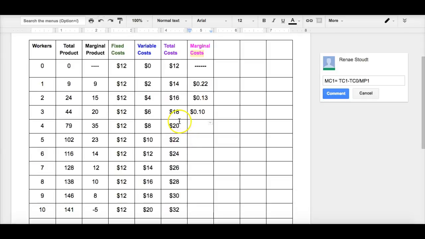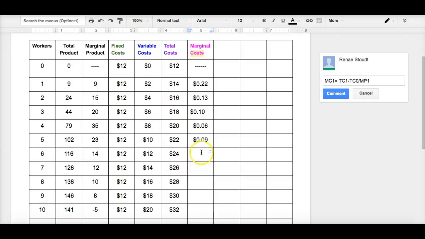At 4 workers, we're subtracting 20 minus 18, which is 2, divided by 35. So 2 divided by 35 is something like 6 cents. At 5 workers, we're subtracting 22 minus 20, which is again 2 divided by 23. So 2 divided by 23 will give us something like 9 cents.